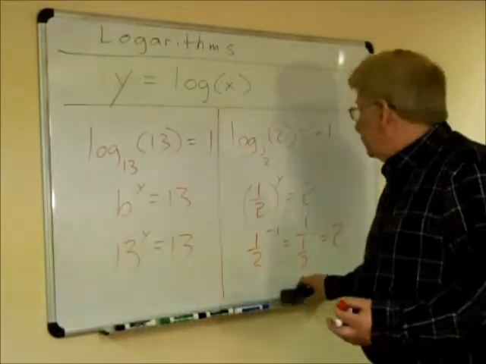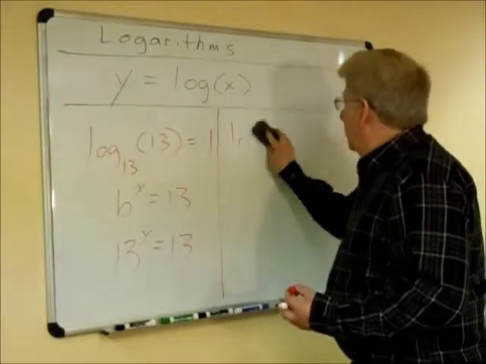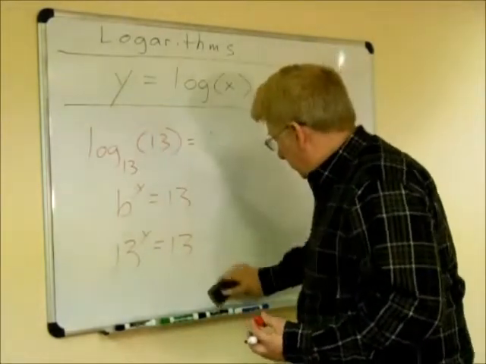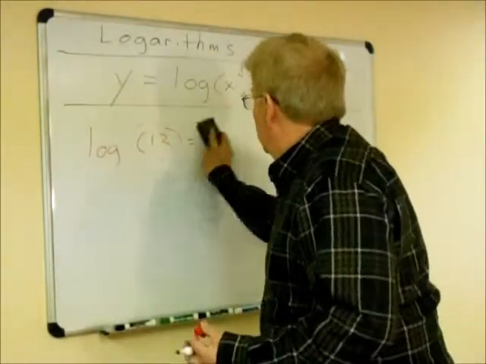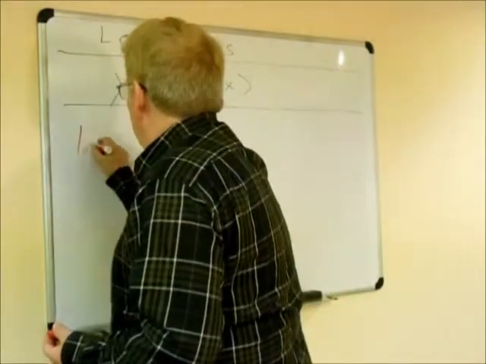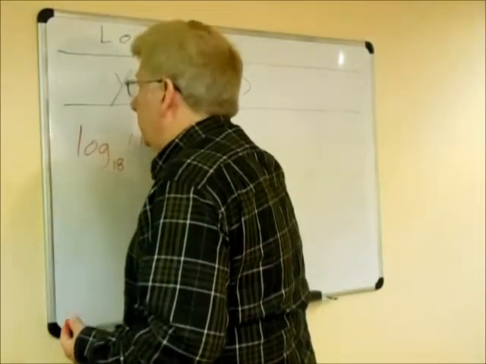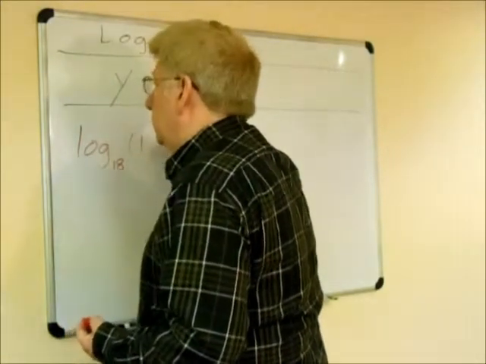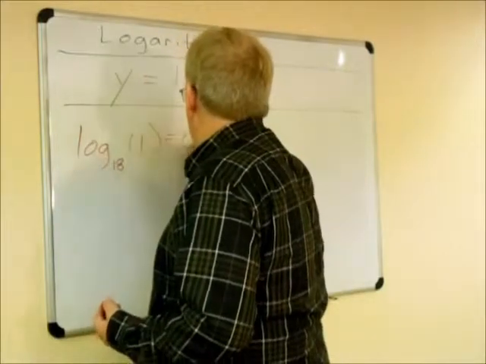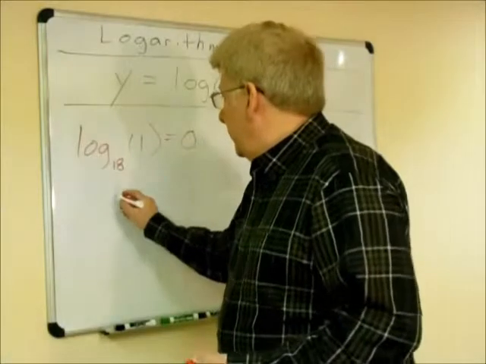Okay, I have just a couple more, 2 more actually, I'd like to look at. Log to the base 18 of 1 equals 0. And we just want to rewrite that in exponential form.